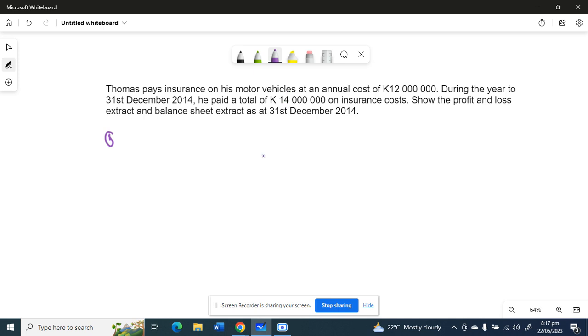Whenever we are paying for an expense, the two accounts involved are the expense account and the cash or bank account. So we debit the expense and we credit the bank or the cash account.